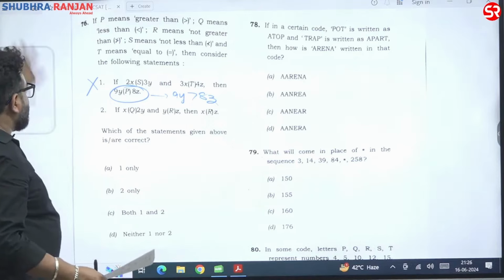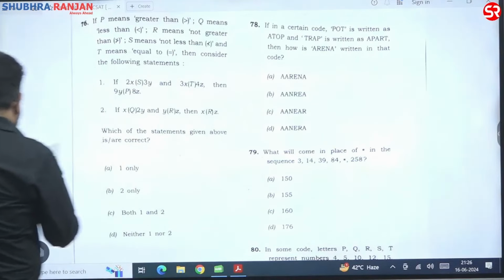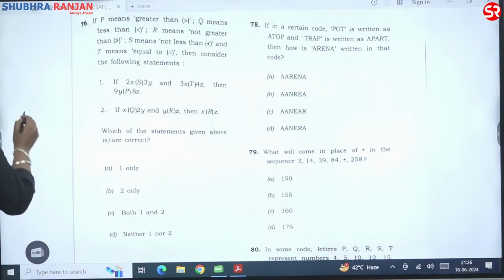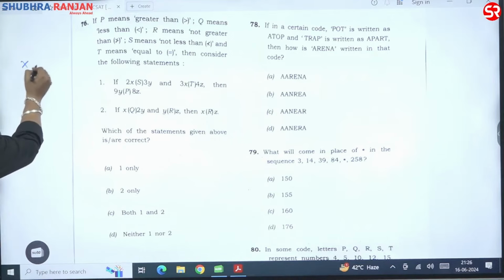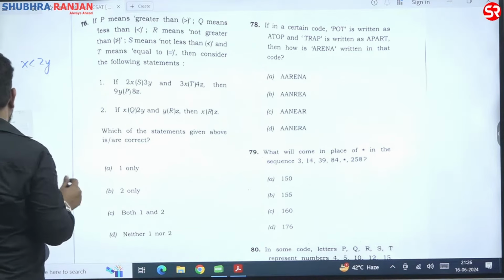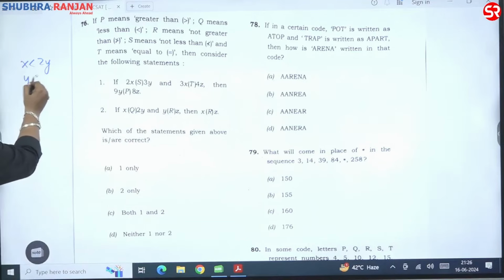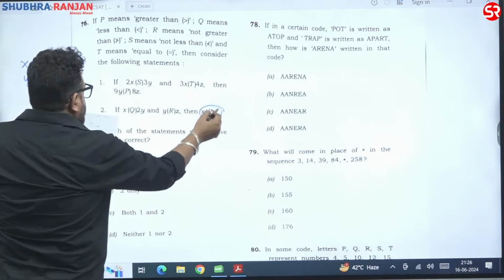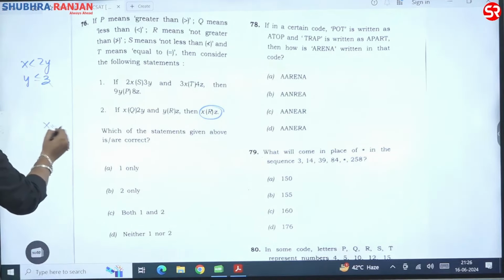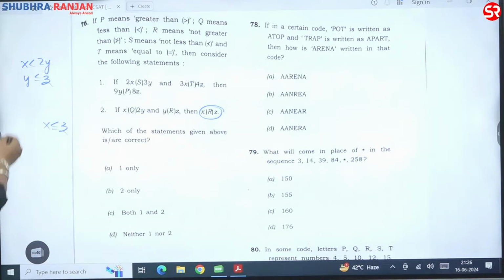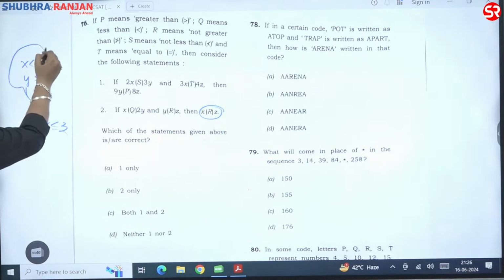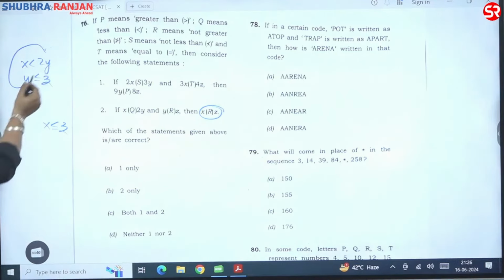Similarly, let's look at the second one. The second statement is x is less than 2y. The meaning of q is this, and yrz is y is less than or equal to z, and the question is, then is x less than or equal to z? So again, you want a relationship between x and z. If you put this over here, x is less than 2y, and y is less than or equal to z, so putting y in, the equal to sign also goes away.